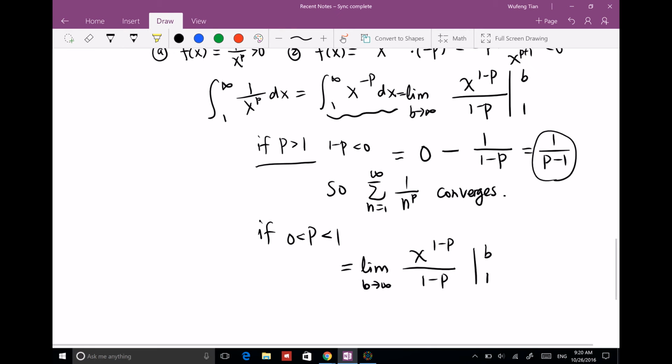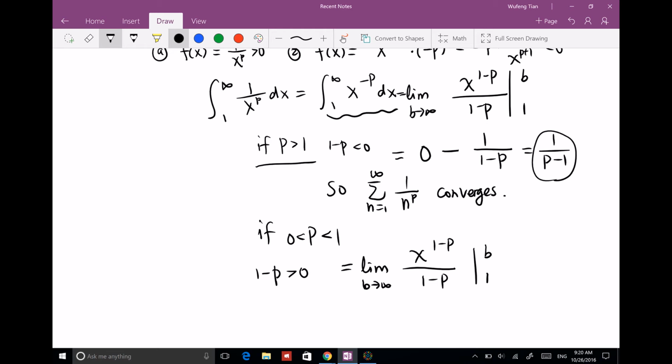So now, if p is less than 1, what happens? Can anyone tell me? Divergent. It diverges. Why does it diverge? Because we're going to get a positive number for the power of x if we subtract that power from 1. Yeah, very good. Thank you, Lacey.